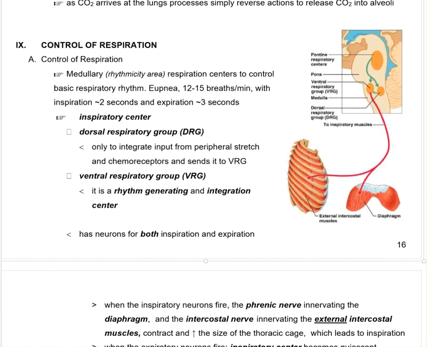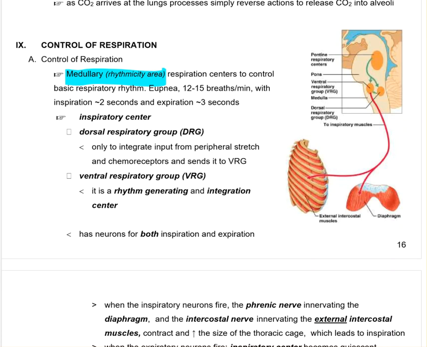Okay, very last thing. This will not take very long. We're going to just do a little basic stuff. Now, control of respiration. The medullary or rhythmicity area is where we control the rhythm of breathing. Okay? 12 to 15 breaths per minute, maybe on average.